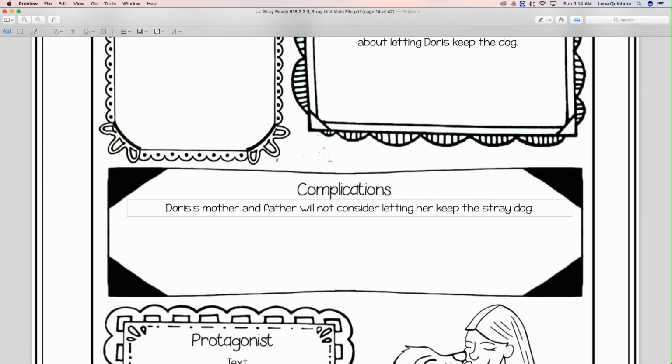Okay, Doris at the dinner table is saying, oh, she's such a sweet dog, she's so smart, but Doris knows not to press the issue because her parents are like, no, and why was that? Well, the reason that her parents were so adamant about her not keeping the dog, I'm sure they have a heart for animals, but they felt that they couldn't afford to adopt a pet.